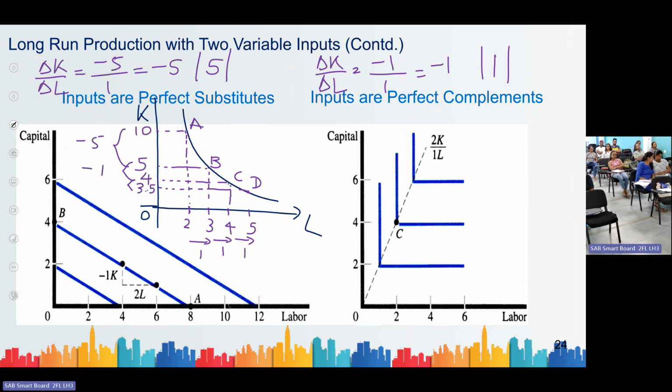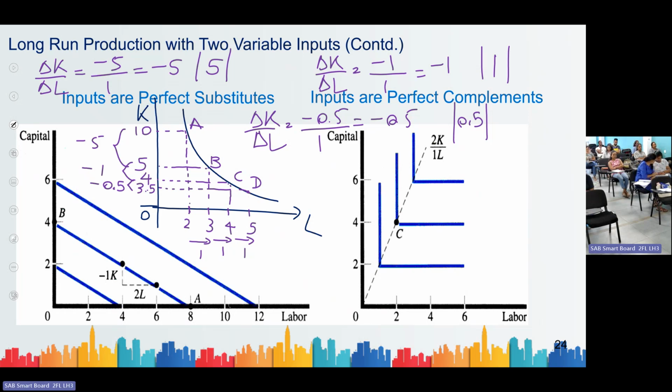So the change in capital is -0.5, change in labor is 1. So delta K over delta L is -0.5 divided by 1, which is -0.5. So the marginal rate of technical substitution is 0.5.